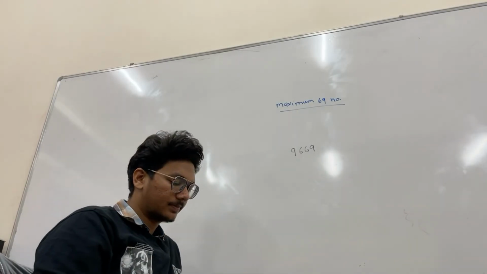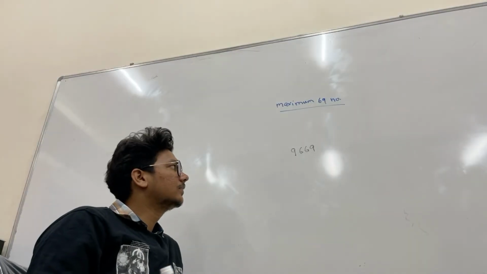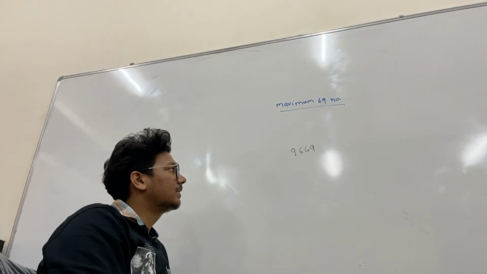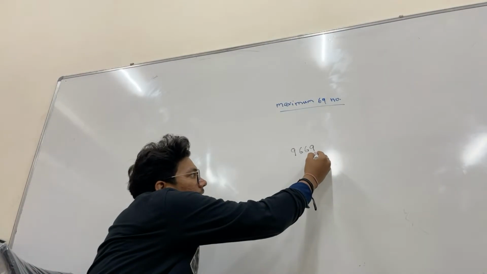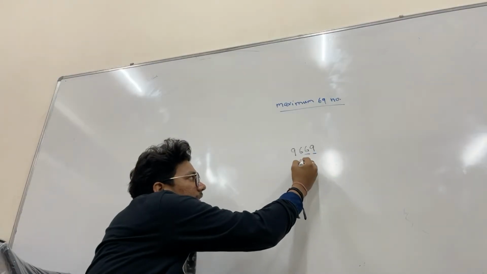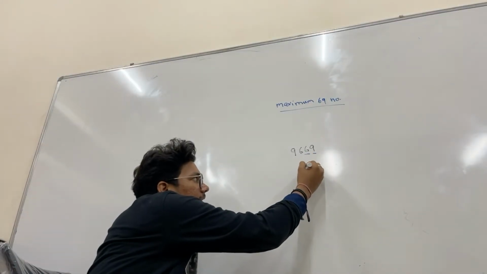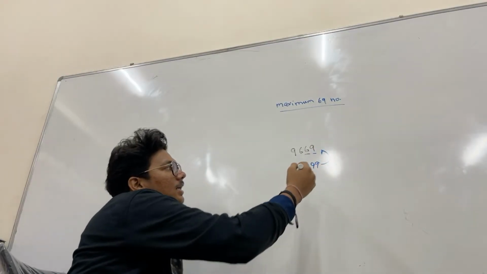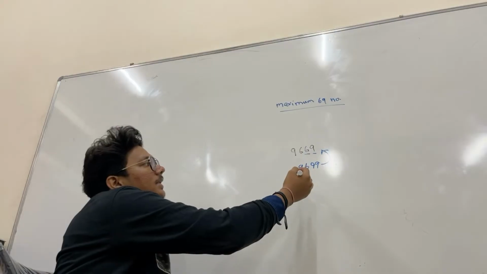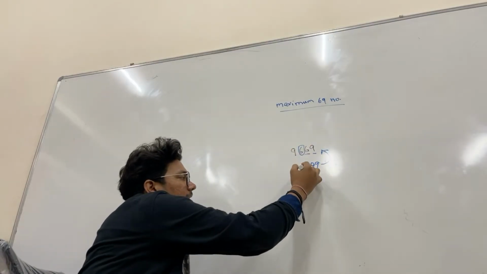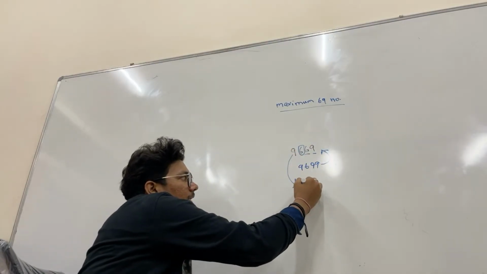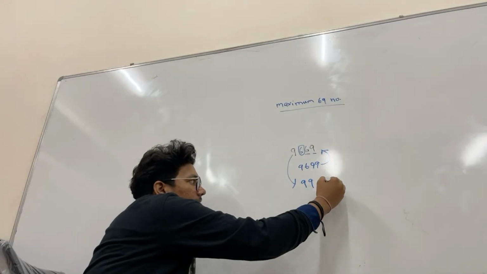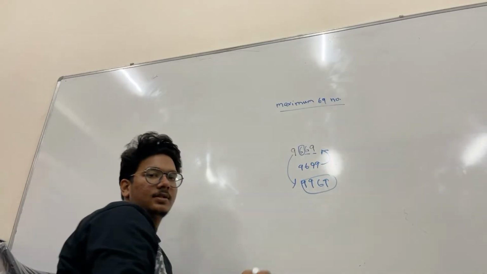This one is already 9. If we change this number like 9 6 9 9, it is still greater, but our choice is a little bit greedy, so we change this character. So we make 9 9 6 9. That is the final answer.